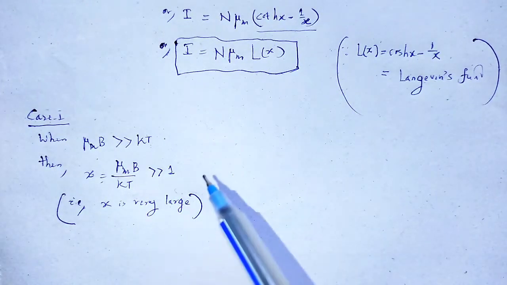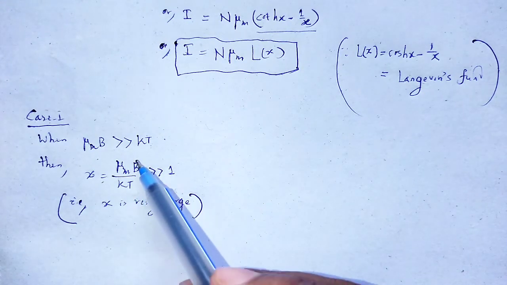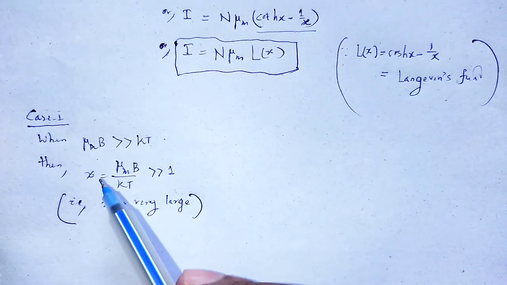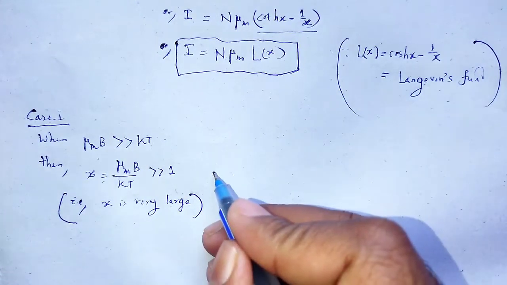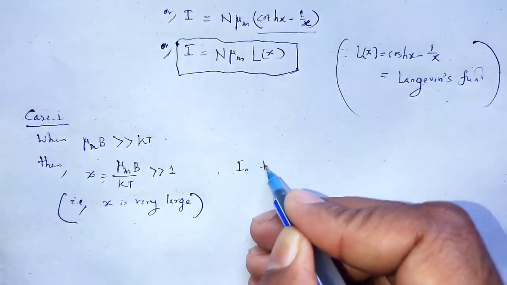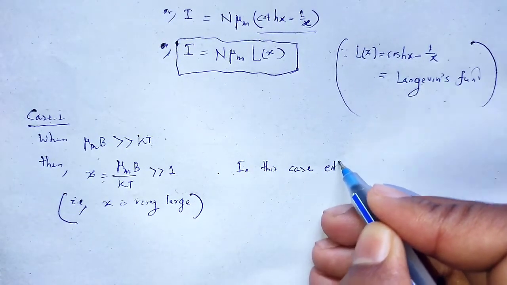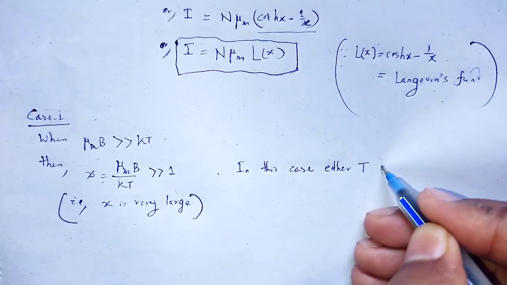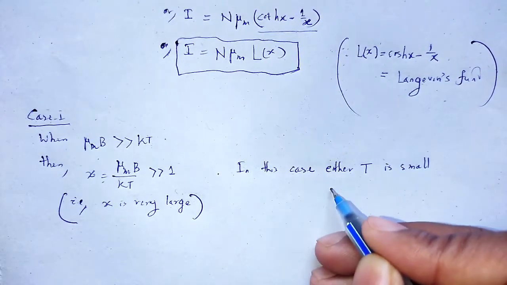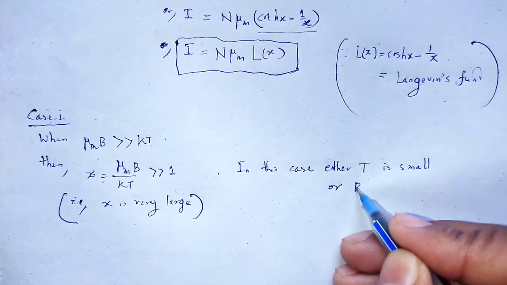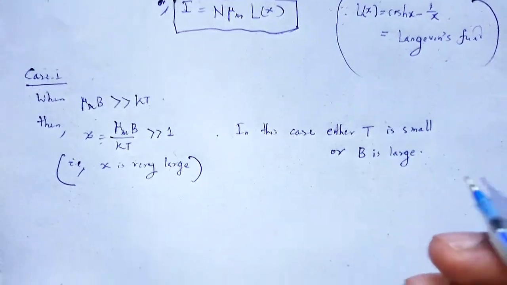In this case, either t is small or b is large, then we achieve x very large.